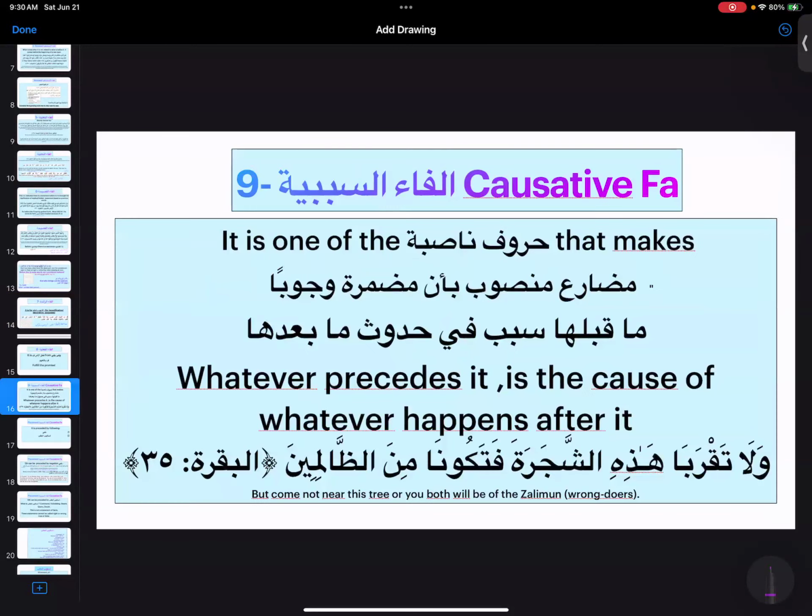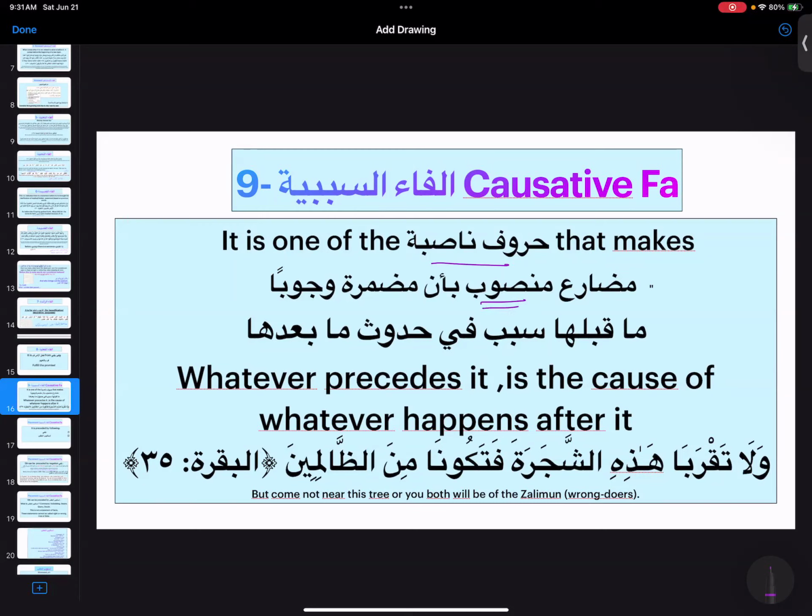Okay, so now comes fa sababiya. Right? We talk about fa sababiya. We know that basically, whatever fa we have learned so far, they are not doing anything grammatically, right? They are not making any changes. Only fa sababiya is the one who brings some changes, right? So it is one of the huruf nasiba that makes fi'l mudari mansoob.